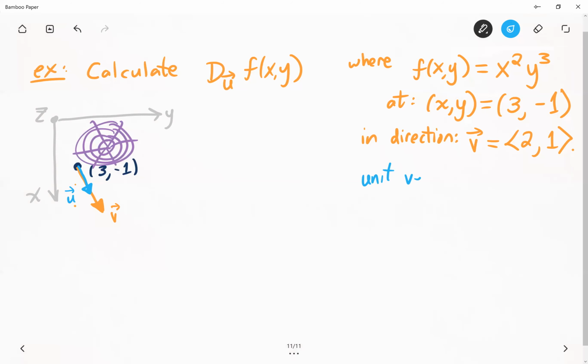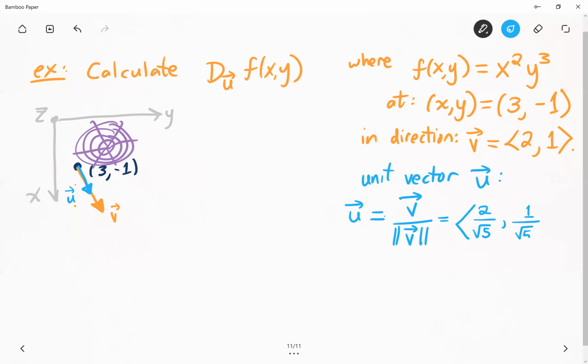And so the unit vector u, to calculate that, u is going to be, we'll take the vector v and divide it by its length. And this vector has length 5. Right? 2 squared plus 1 squared is 5, and take the square root of that. And so in this case, this is going to be 2 over rad 5, 1 over rad 5.